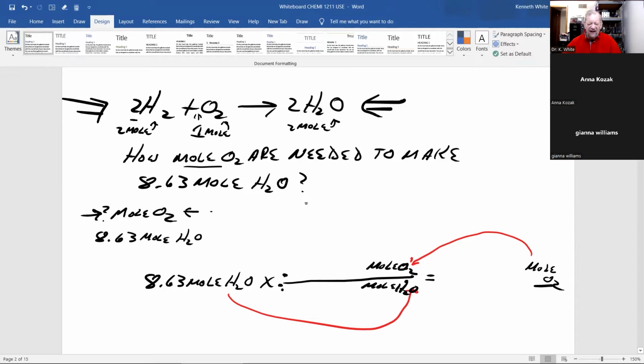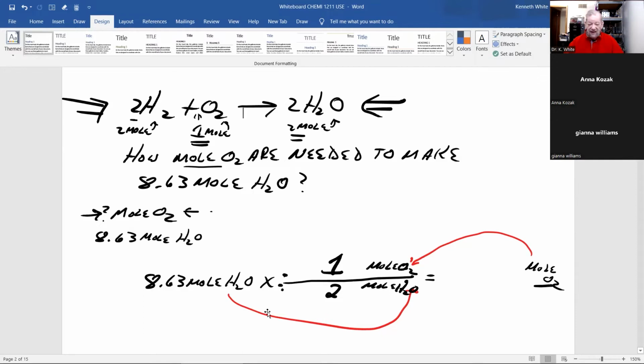So from that, I can say for every 1 mole of oxygen, I make 2 moles of water. And this allows you to figure out the problem and what goes in there.